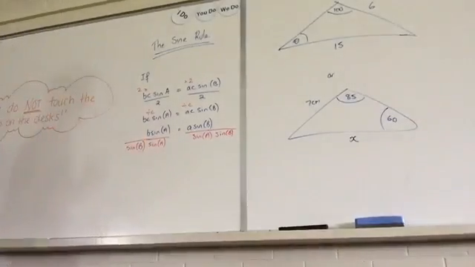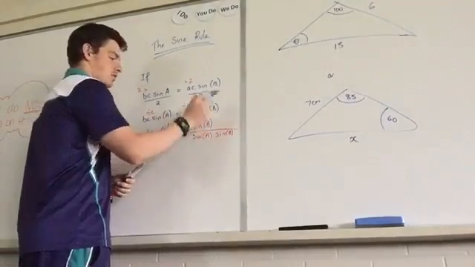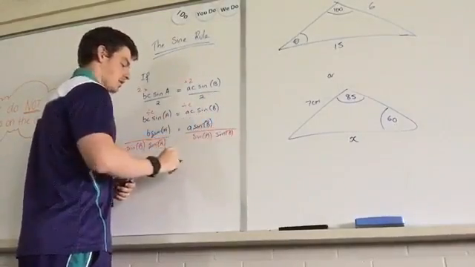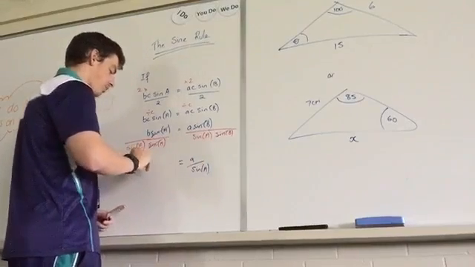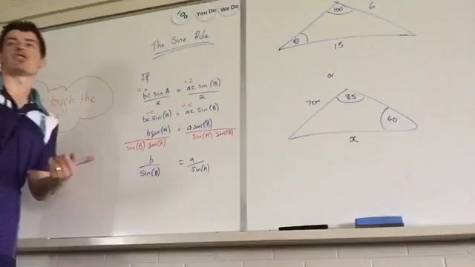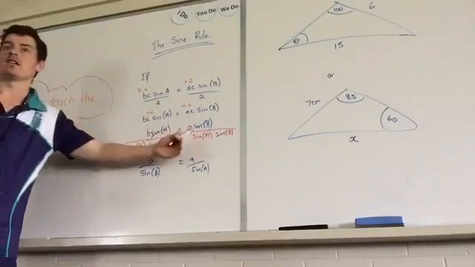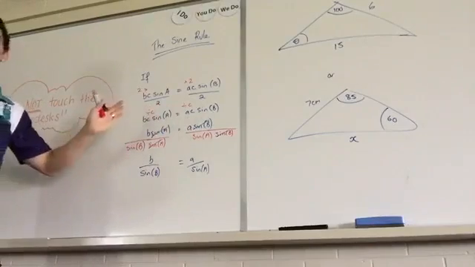What happens to the sine A's on the left? They cancel out. What happens to the sine B's on the right? They cancel out. I now have A over sine A equals B over sine B. If I decided to divide both sides by A and B, the sines would be on the top.